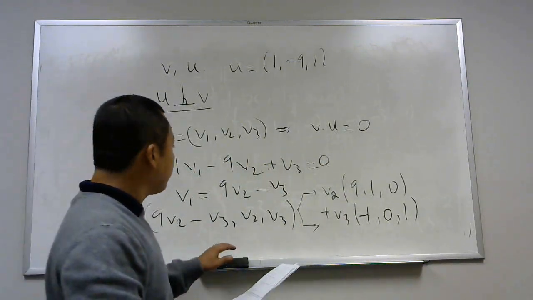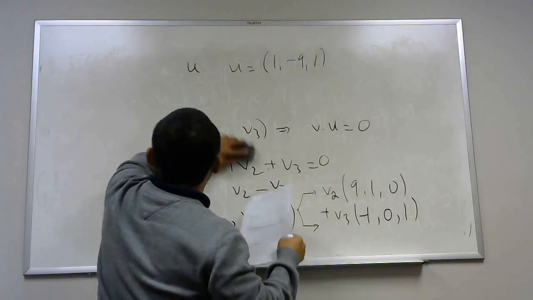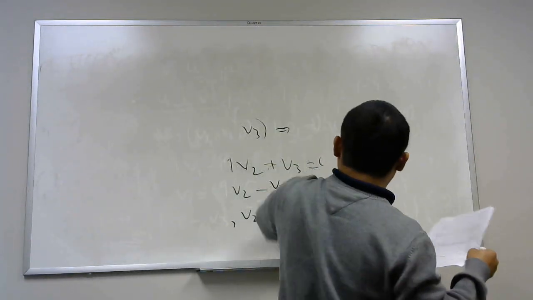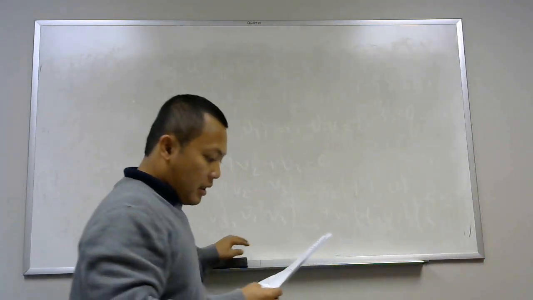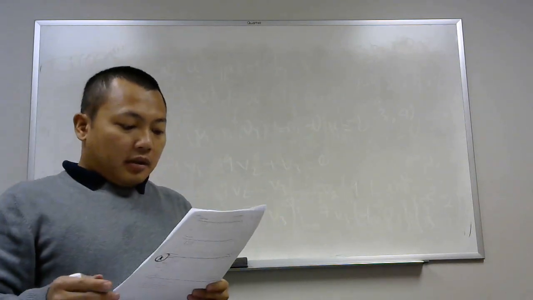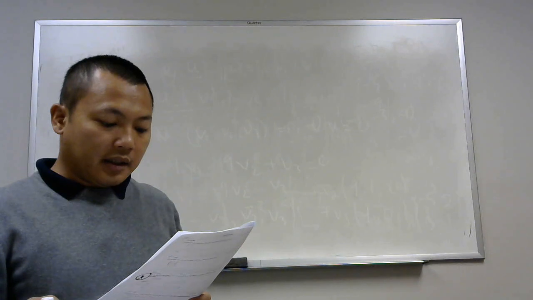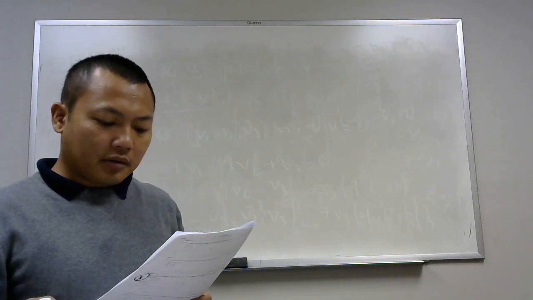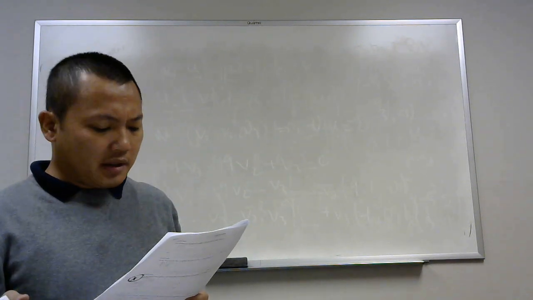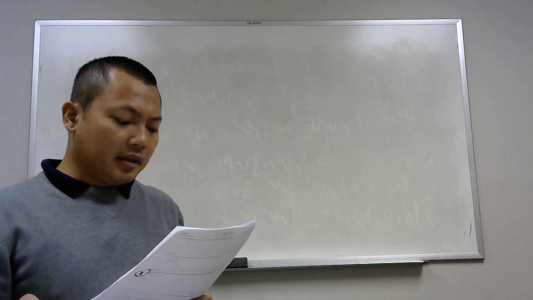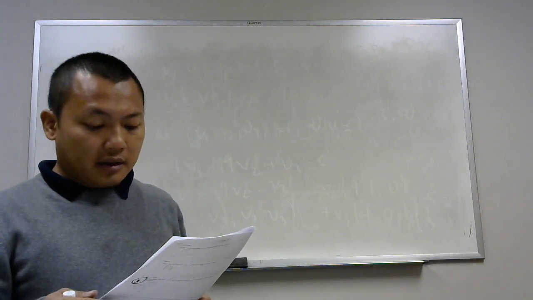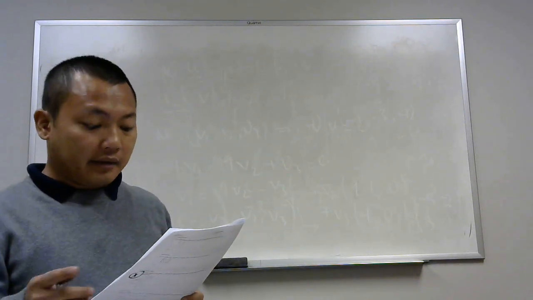The next question. Apply the Gram-Schmidt orthonormalization process to transform the given basis in Rn into an orthonormal basis. Use the Euclidean inner product and use the vectors in the order in which they are given.